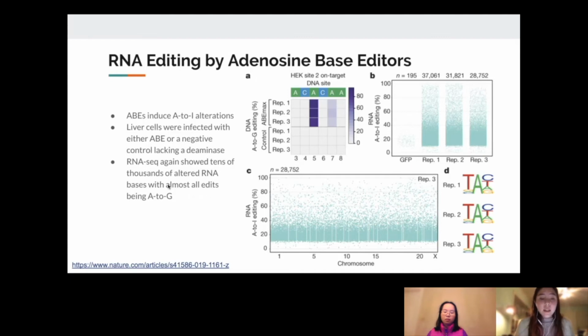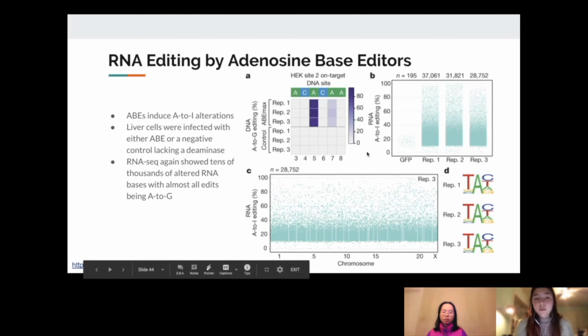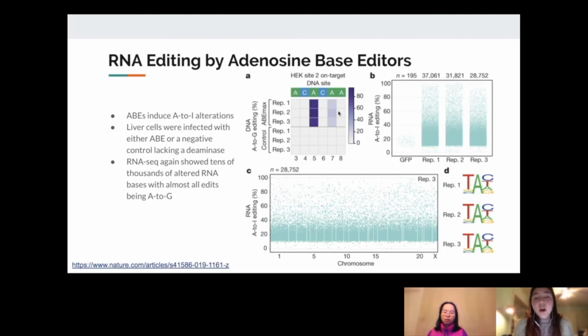And RNA-seq, again, showed tens of thousands of altered RNA bases with almost all edits being A to G. So again, we can look at the efficiency of DNA A to G editing through this one. ABEmax is the ABE that does include a deaminase section, and the control does not. If we look at this, we can see a high level of on-target DNA site editing in the ABEmax, but not in the control.